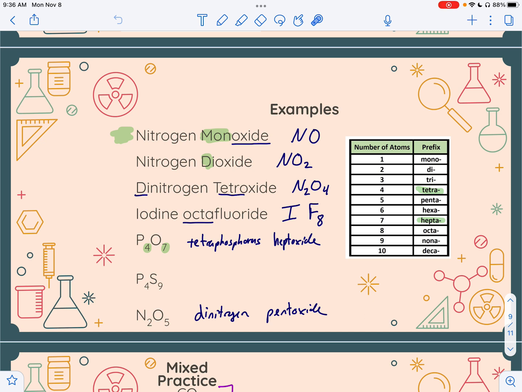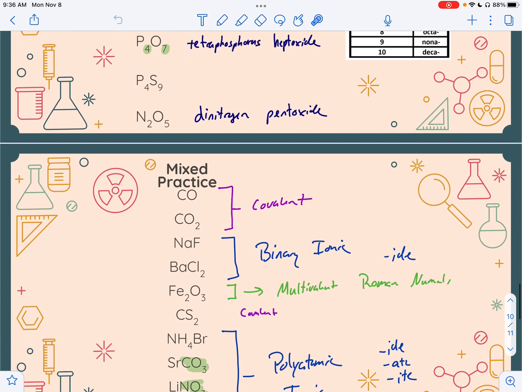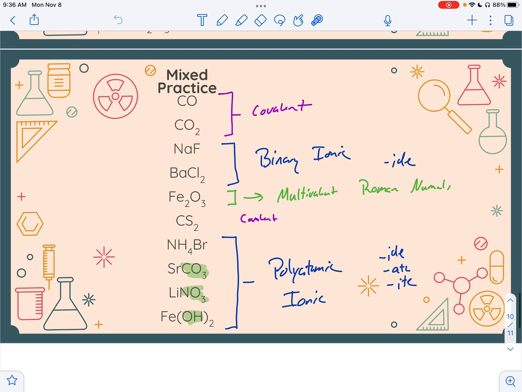So at this point, using prefixes is only for covalent compounds. What I'm going to ask you to do is identify whether we are dealing with covalents or ionics, and the best way to do that is looking at some mixed practice. Covalents will have a nonmetal first, like carbon, whereas sodium is a metal, so that's going to be different.